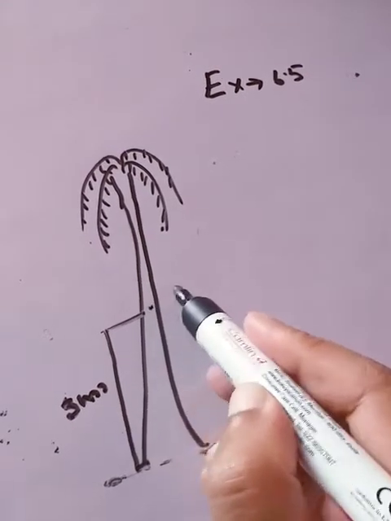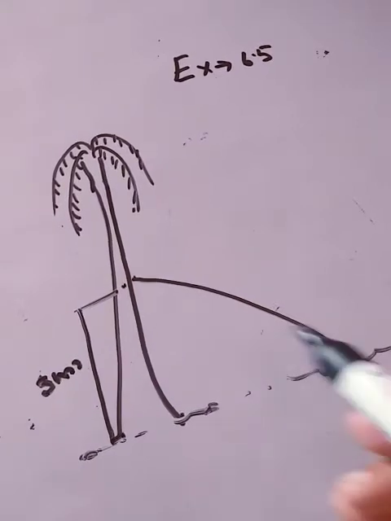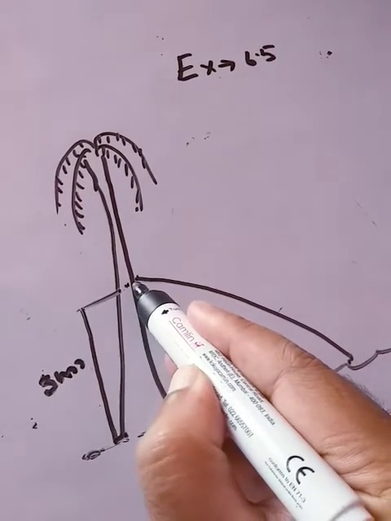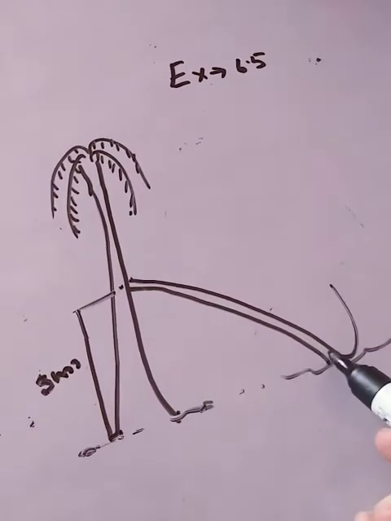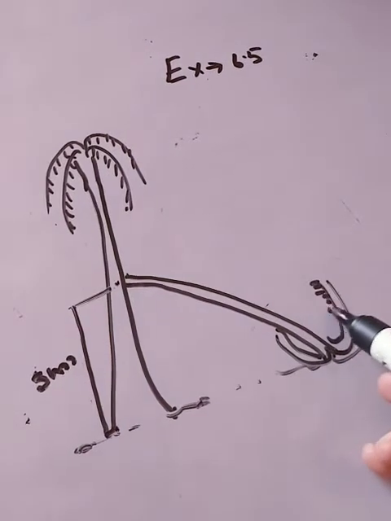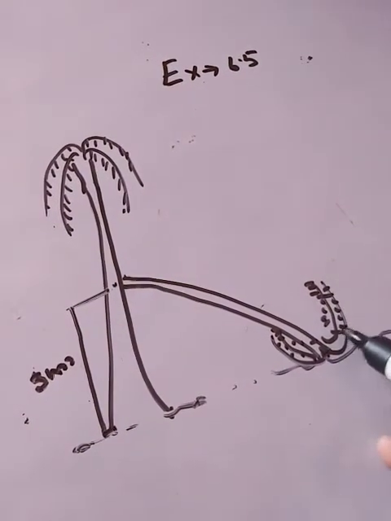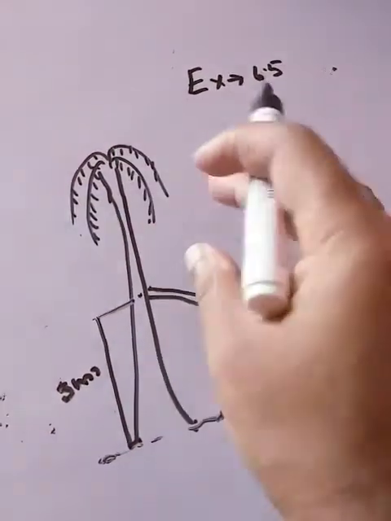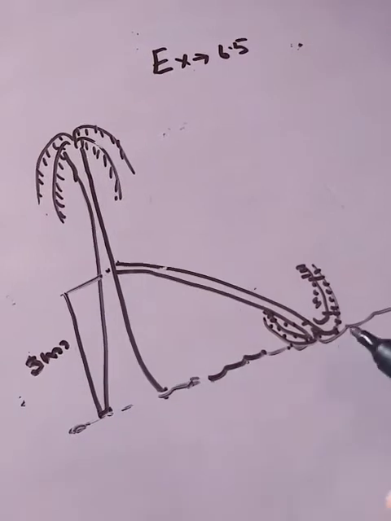The tree breaks from here and falls down here. It broke down and fell down like this.